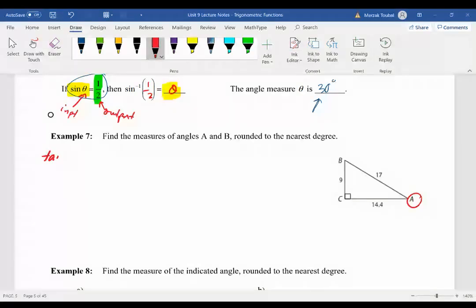So tangent of angle A is the opposite, which is 9, divided by the adjacent, which is 14.4. Now, to find angle A, we take the tangent inverse of 9 over 14.4. You plug this in your calculator, and you should be getting 32 degrees.